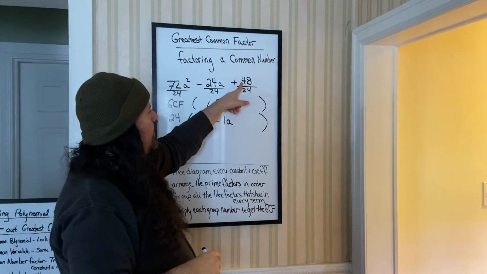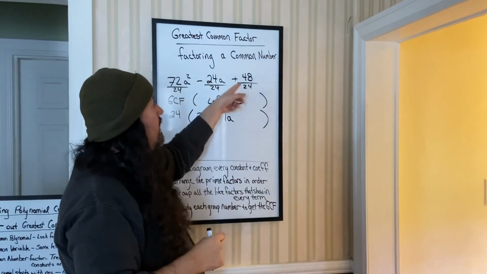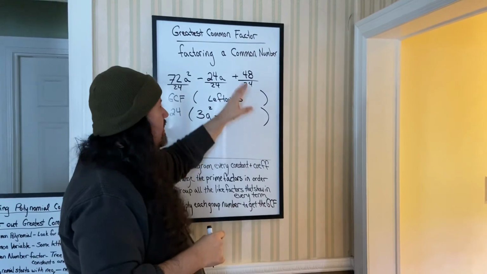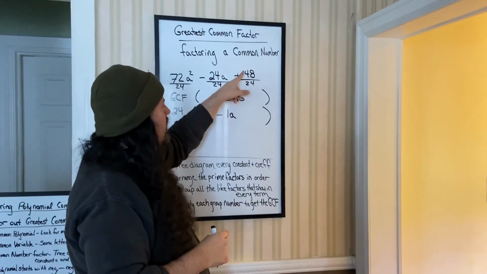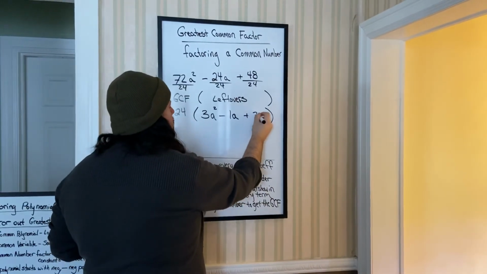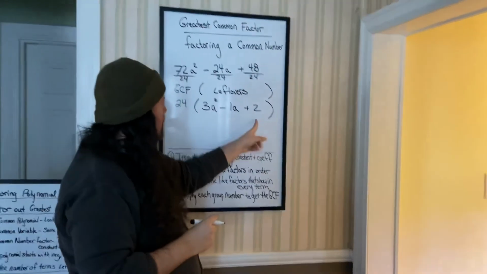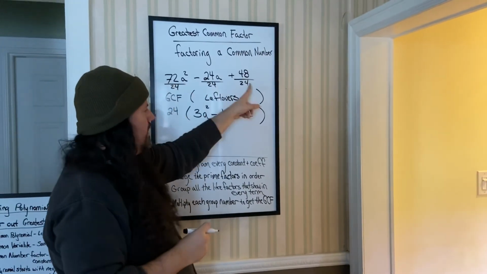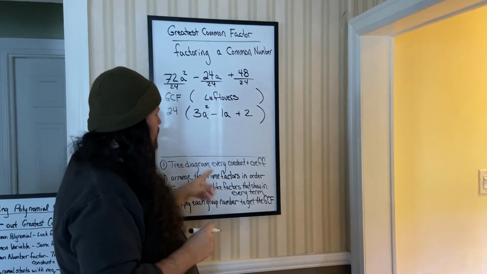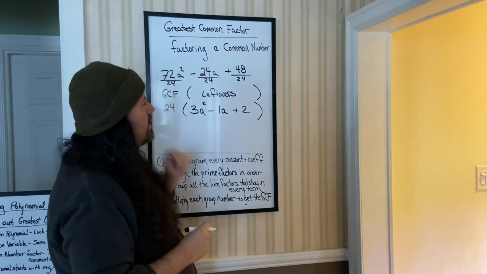And here, 48 divided by 24, because you found the GCF, they all have to divide out evenly. You're not going to have a remainder. So 48 divided by 24 is going to be 2. If you distribute, you're going to get your original answer. Okay? So this is how to find GCF, these 4 steps, when you're looking for a common number factor.